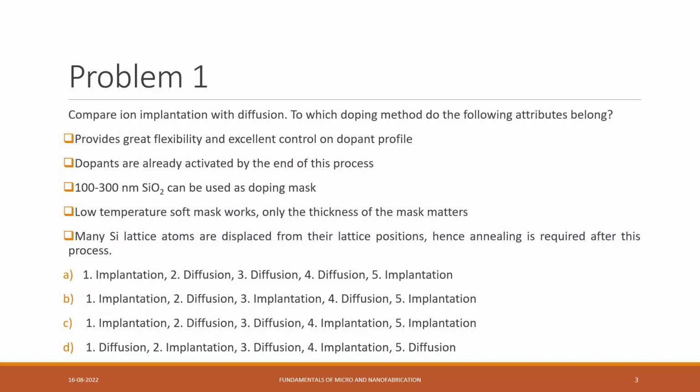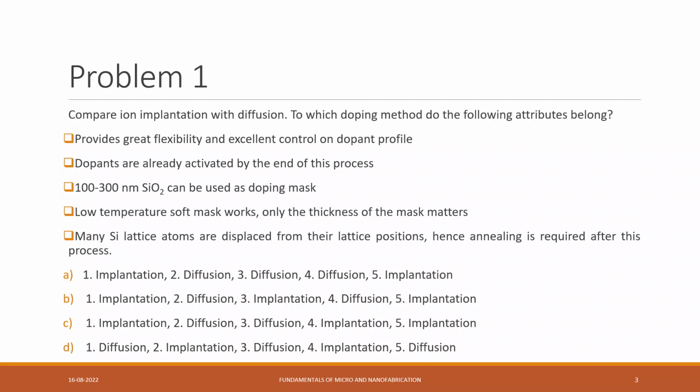So okay, let's discuss. C. Okay. So anybody, this first option, what do you think, sir? Regarding the first option? So B and C, both you are saying it is implantation.